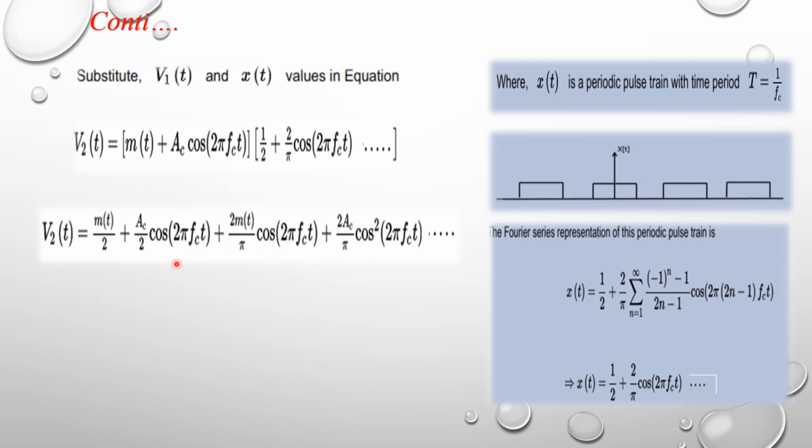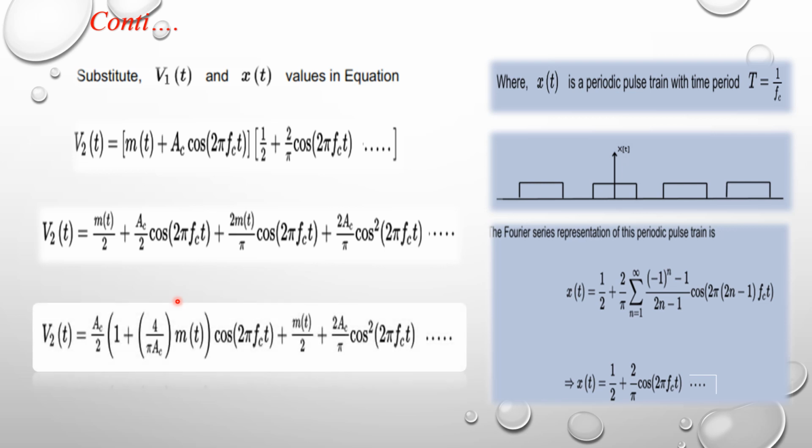First consider the second and third terms. The common factor is Ac by 2 cos 2 pi fc t, and the remaining values are 1 plus 4 divided by pi Ac into m of t.